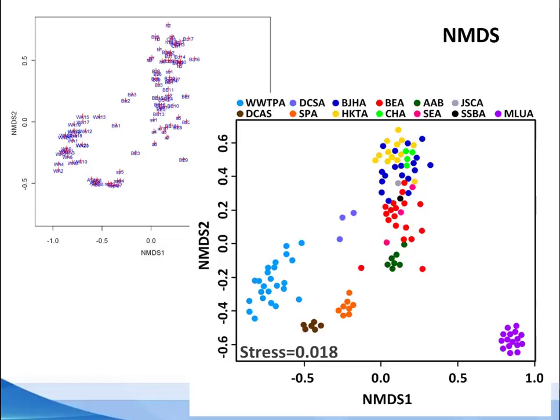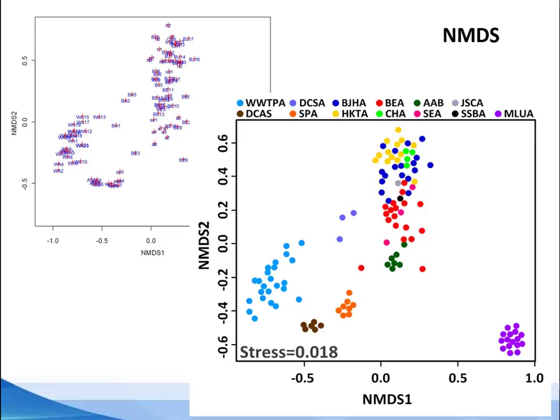In this figure, each point represents one sample, and the different colors mean different environmental types. The closer the points, the more similar the bacterial communities of the samples they represent.